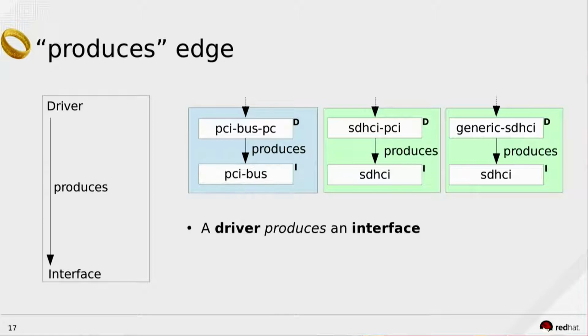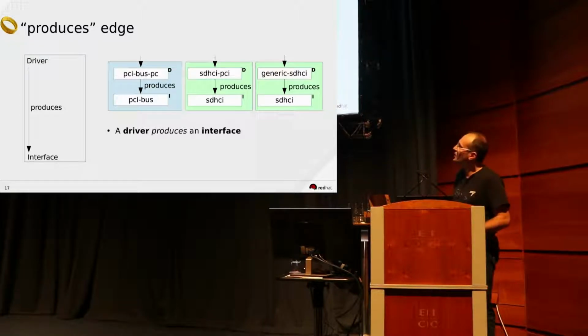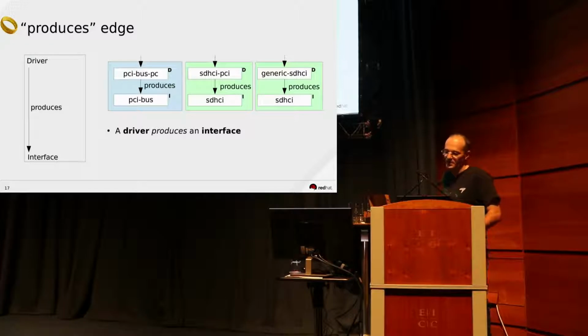So a driver produces an interface. This interface is used by other drivers or tests to access the device in the virtual machine. The driver produces an interface that allows to control the device. In this example, the first driver gives access to the PCI bus of the PC.